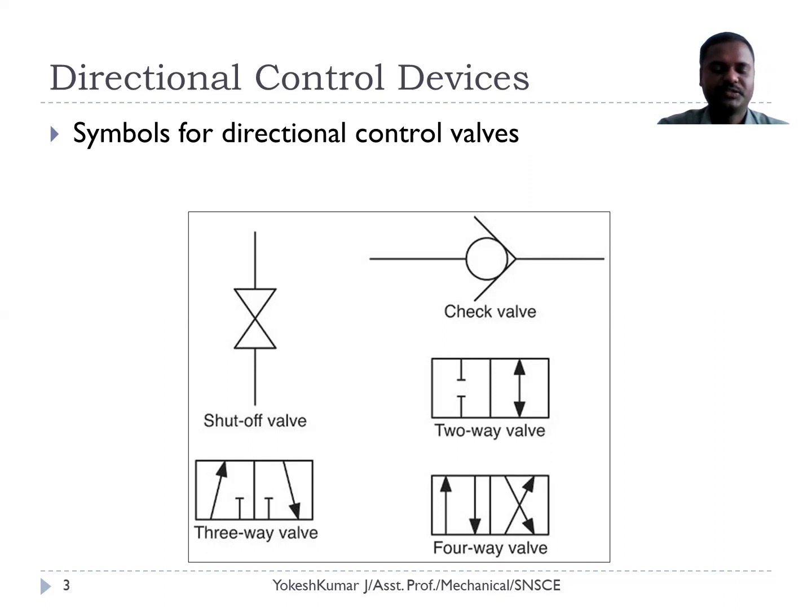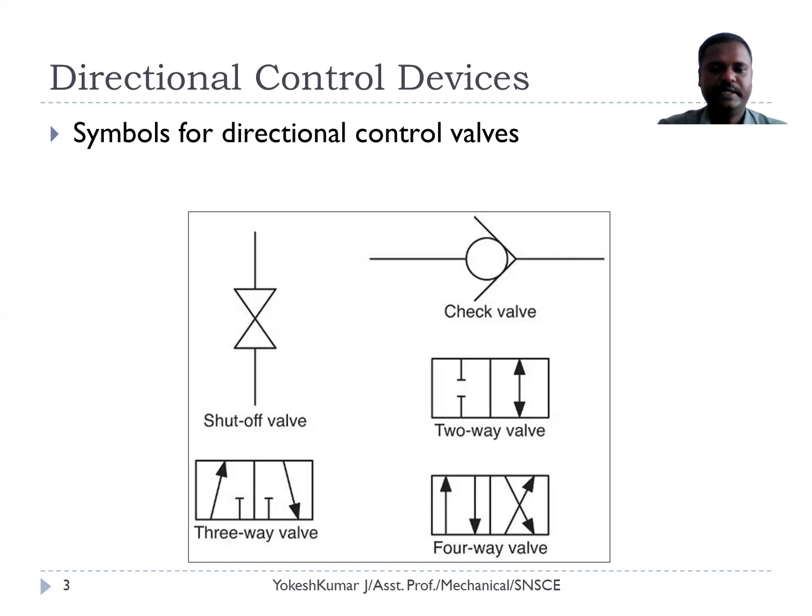The left-hand side is called the on position or actuated position, and the right-hand side is called the unactuated position or off position. And three ports are there. This port is called the pump port, which is connected to the pump, and this port is called the reservoir port or tank port, which is connected to the reservoir. This port is called the actuator port, which is connected to the actuator.